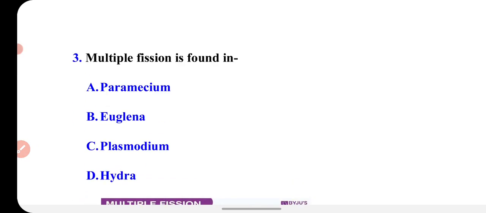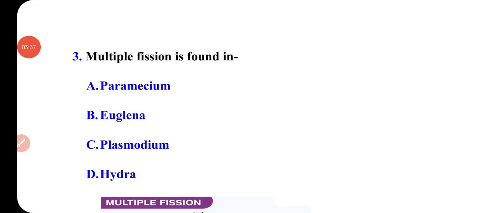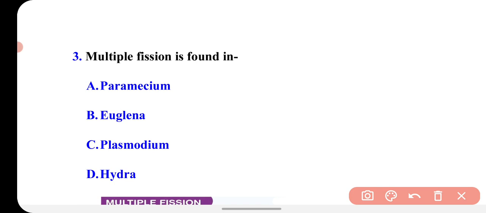Next question is: multiple fission is found in which of the organisms? The options are Paramecium, Euglena, Plasmodium, Hydra. You know that multiple fission is a kind of asexual reproduction seen in unicellular organisms, and here the multiple fission is found in Plasmodium.